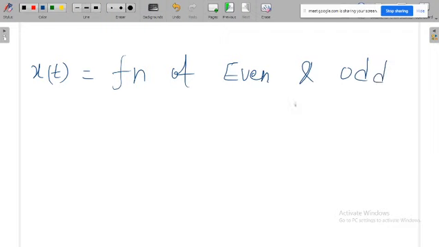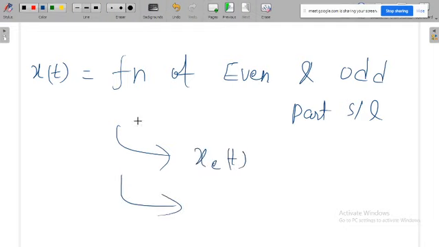So if the signal is given and is neither even nor odd, it is not following the properties, but you can extract from the original signal x of t a part that will act as an even signal. Again, you can extract another part that will act as an odd signal. If the signal is neither even nor odd, it consists of both even and odd parts.